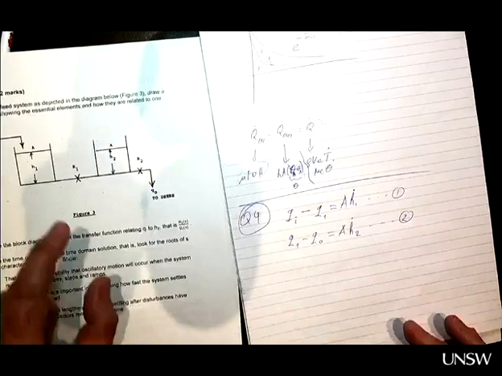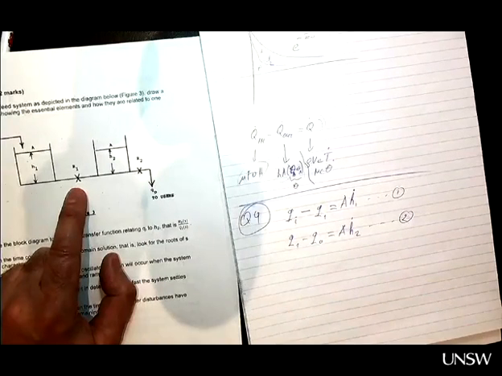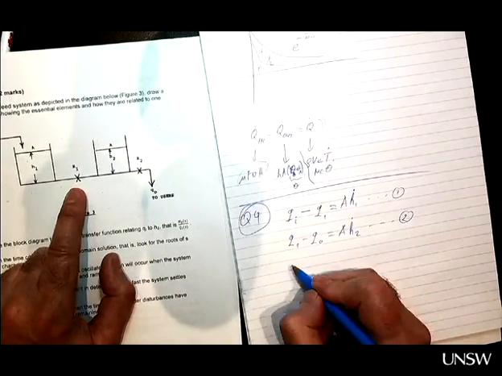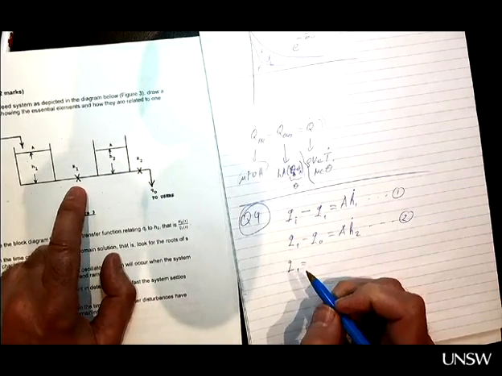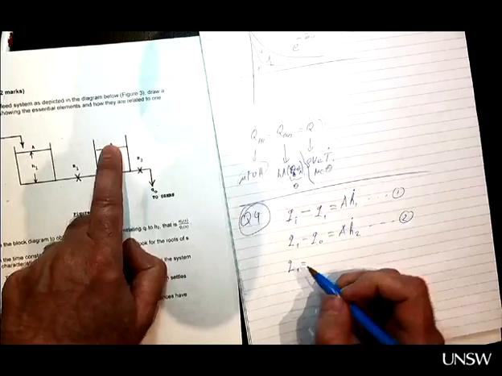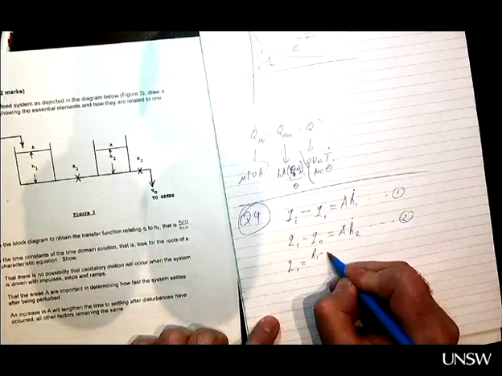Flow through valve 1, which is Q1, is equal to the height difference, H1 minus H2, divided by R1.